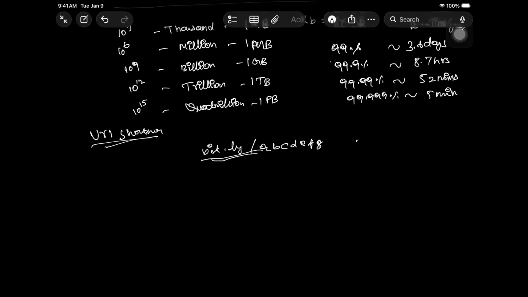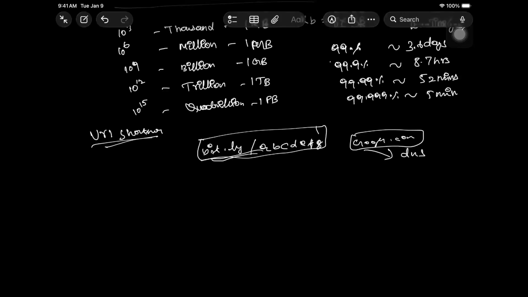When you are hitting google.com, it will go to the DNS and DNS will return the IP address, something like that. If it is a long URL, then they will use a URL shortener service like Bitly, which gives a short URL, and using this URL we will retrieve the original big URL.